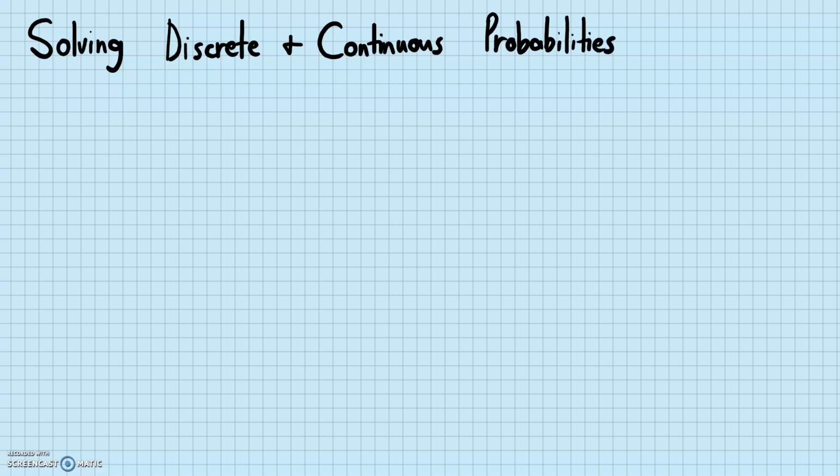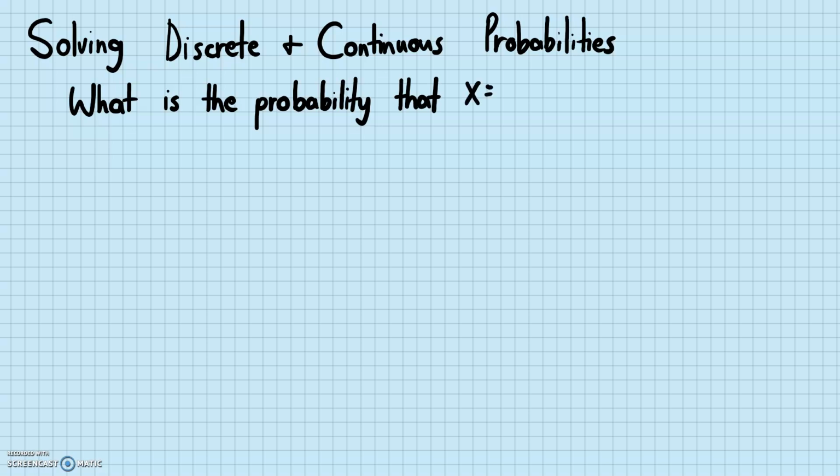And before I start, I just want to introduce you to a notation that is commonly used in probability. So let's say we want to find what is the probability that x equals some number, say y.